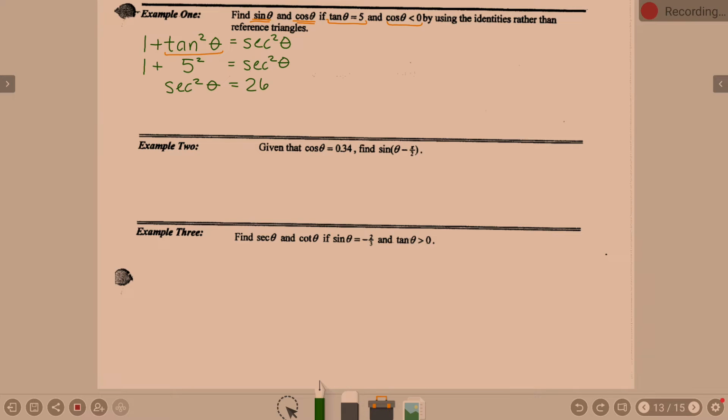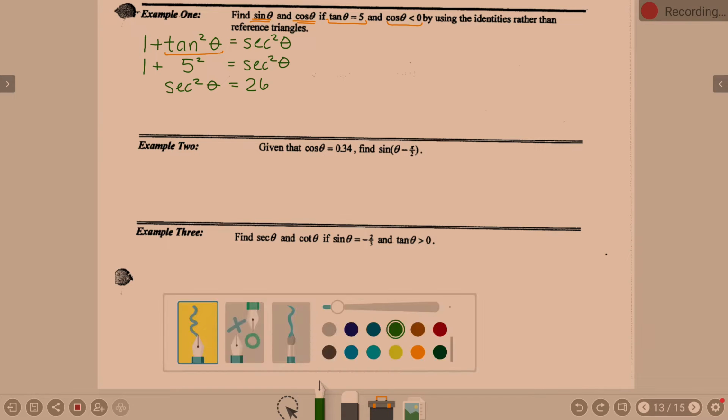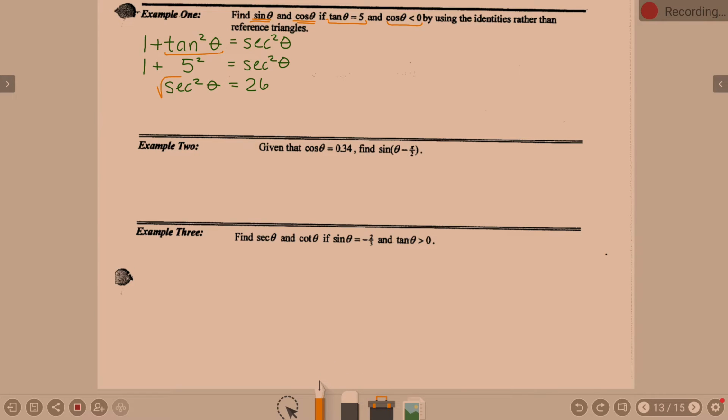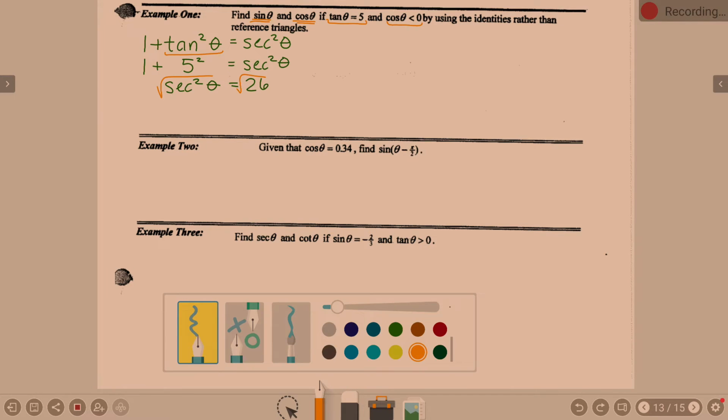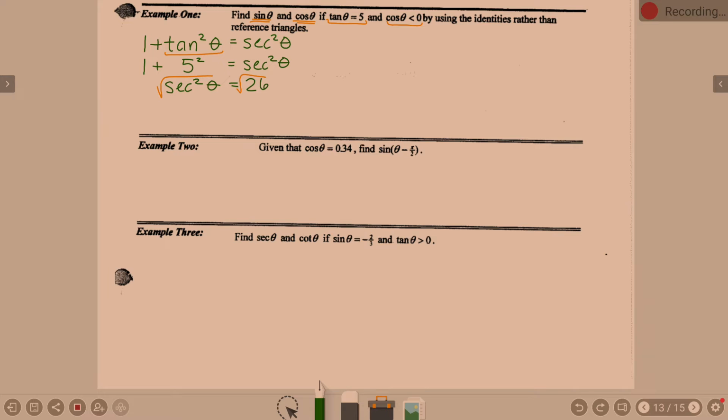Now, instead of x squared, this is secant squared. So we are going to square root it. The square root of secant squared theta is going to be secant theta.